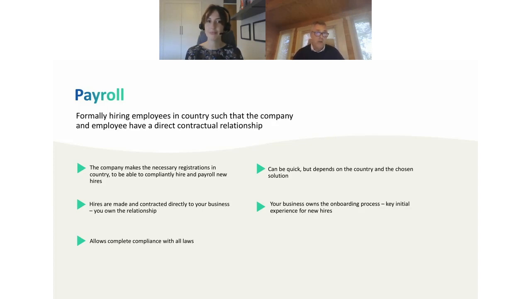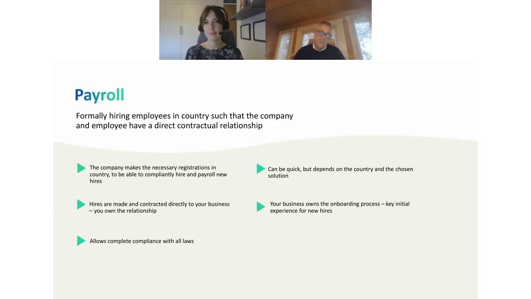A lot of PEOs, not all of them, but a lot of them, will issue a template employment contract, so you're less able to influence things around intellectual property or your benefits plans or the way that you may treat holiday if you want consistency across the organization. So there are real benefits to a direct employment model.